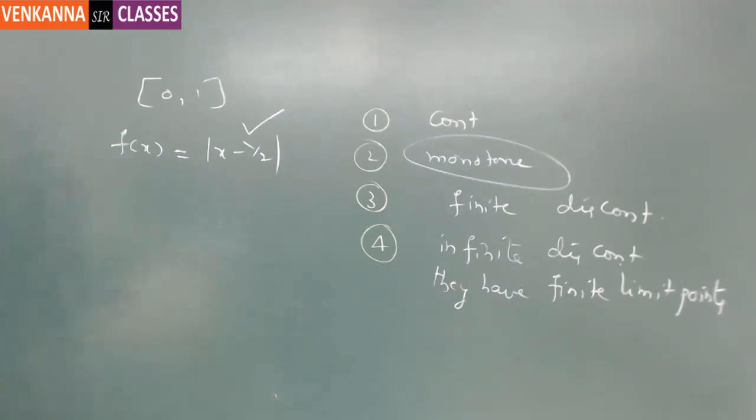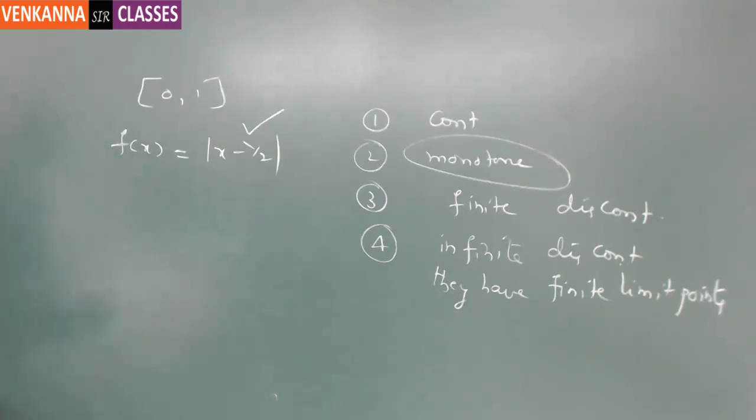I have taken the closed interval [0, 1] and the function f(x) = |x - 1/2|. Is it an increasing or decreasing function on [0, 1]?